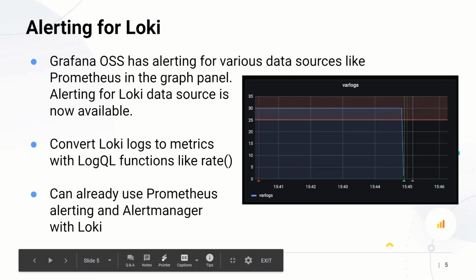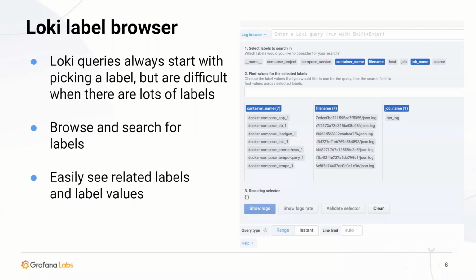The next feature I'm going to be talking about is the Loki label browser. In previous versions, we had a Loki Cascader button option available in the Explore view. That has been replaced by this label browser.